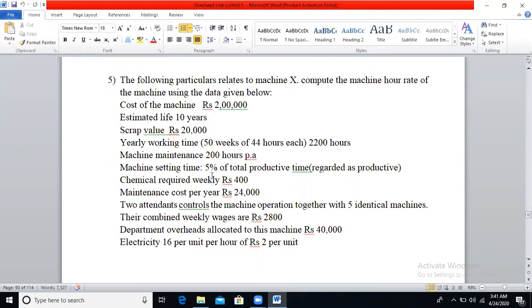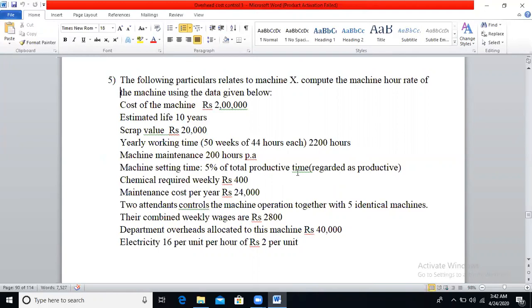Machine setting time, 5% of total productive time regarded as productive. In case of machine setting time, if they have given it as unproductive or non-productive, then this item should be considered for the calculation of machine working hours. If they have given it as productive, then you have to ignore this item, because overheads are not engaged in the production process.